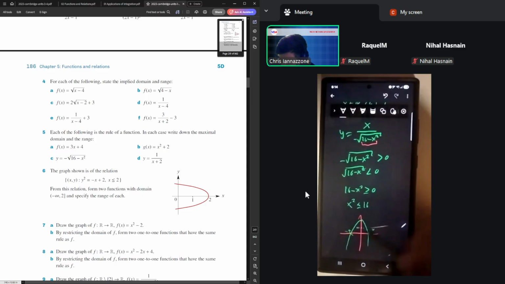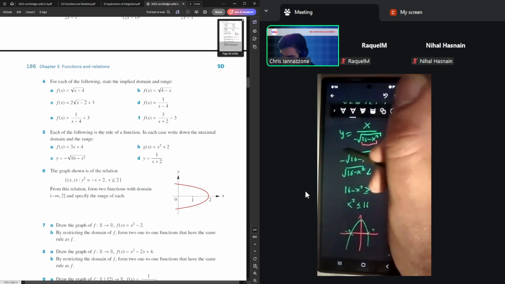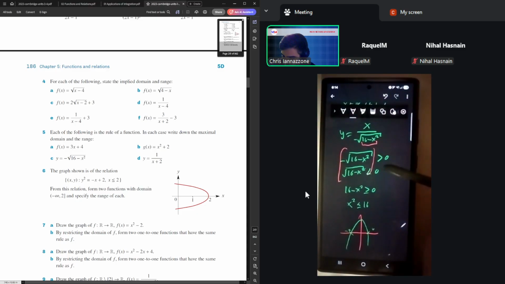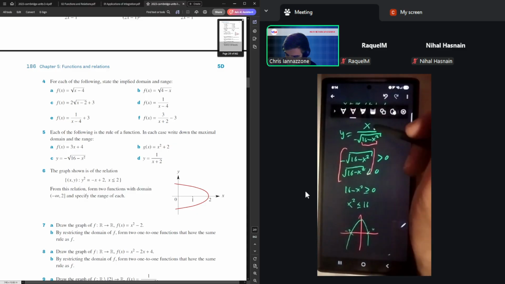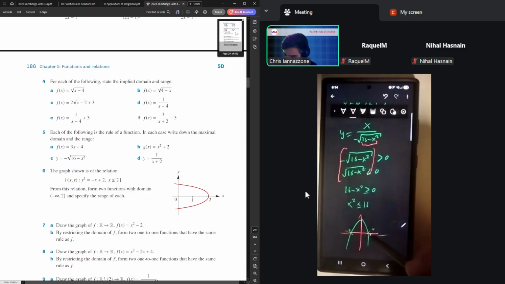So it's always going to be between plus minus 4, non-inclusive of that, because we don't want it to equal 0 on the bottom. So it was a bit of a red herring to go down the root path and make the whole thing try to be valid. It was more about the inside. Divide by 0 is going to be handled by excluding those.